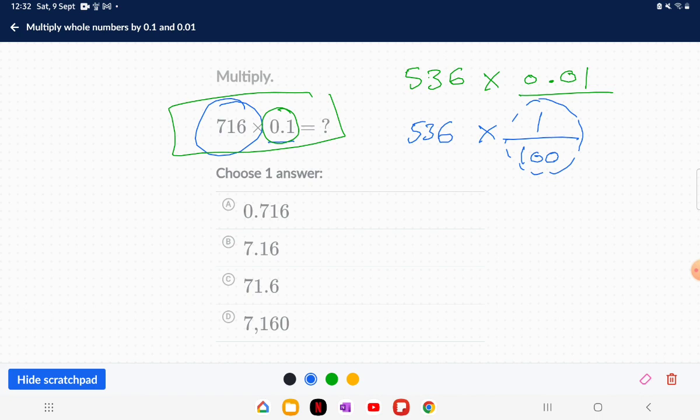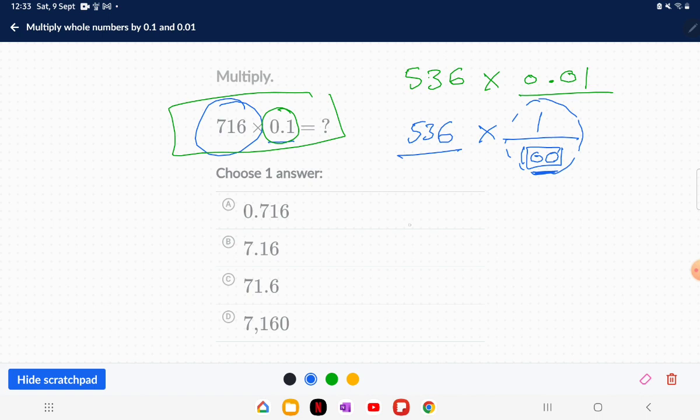So a good rule of thumb, or an easy way to solve these questions, where you have a whole number and you're multiplying it with something like 1 over 10, or 1 over 100, or 1 over 1000, is to count the number of zeros you have. So you have 2 zeros here, in 100, and that is the number of jumps that we will be taking.